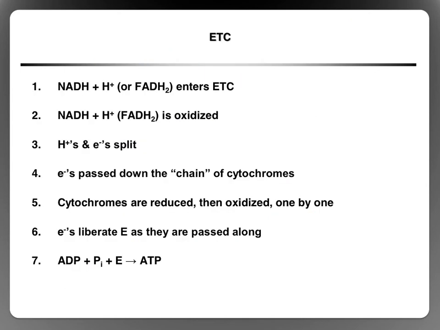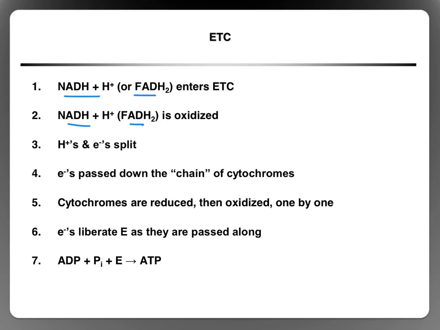All right, so electron transport chain begins with either NADH plus H plus, or FADH2. So we're going to go through it twice. We're going to go through it starting with NAD as the carrier, and we're going to go through it starting with FAD as the carrier. It's a very slight difference, but you need to know the difference. The first thing that happens in the electron transport chain is that NAD and FAD are oxidized.